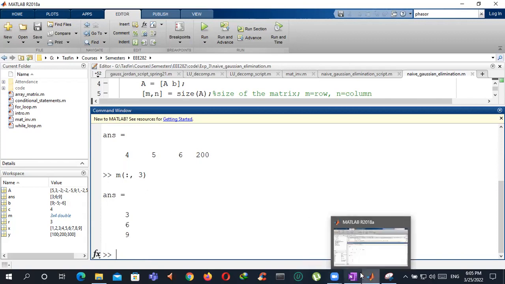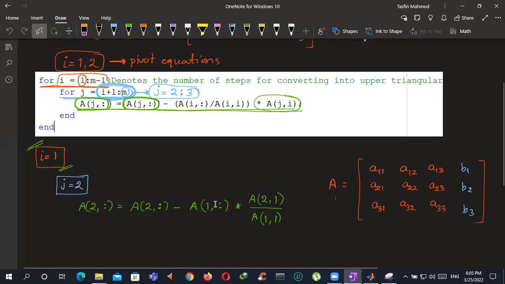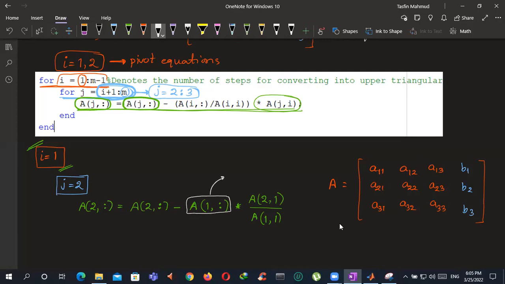Now move back to our code. What we are actually doing here, if I focus on this, a 1 comma colon means I am considering the first row, which represents the first equation. This part is equation number 1.